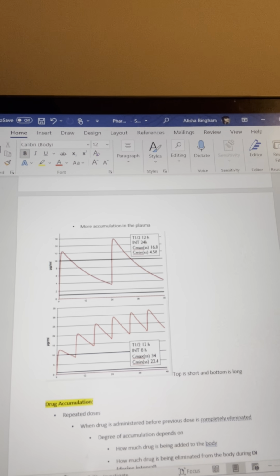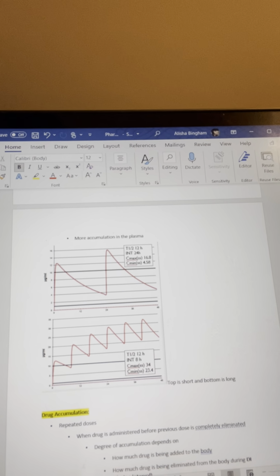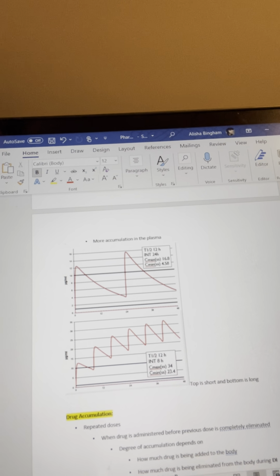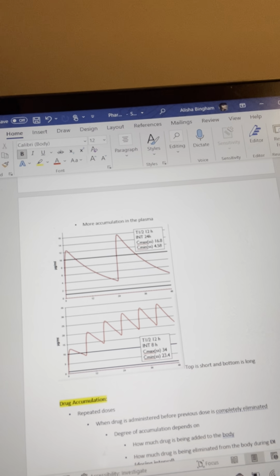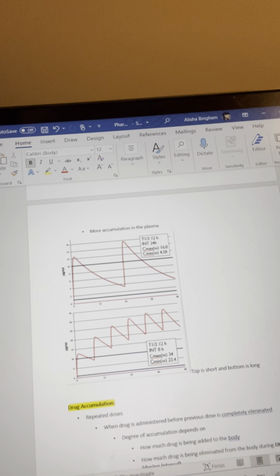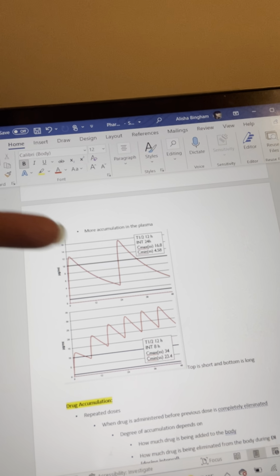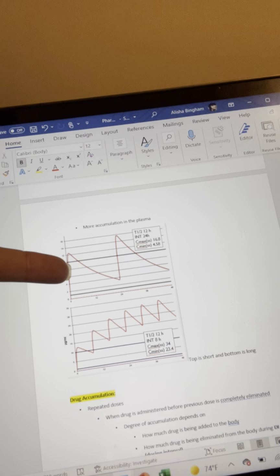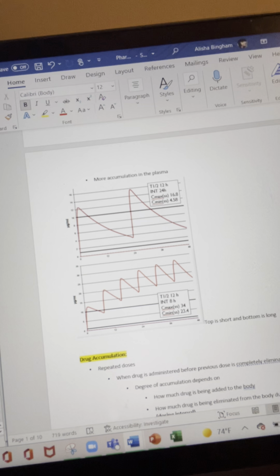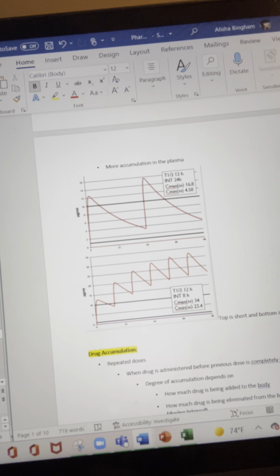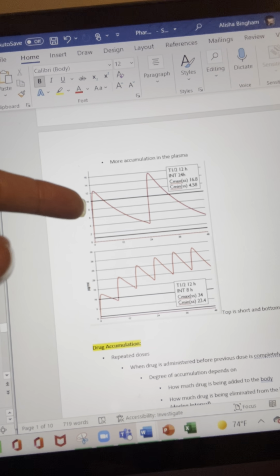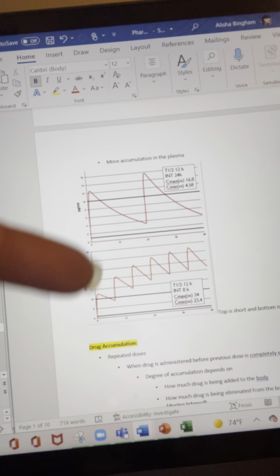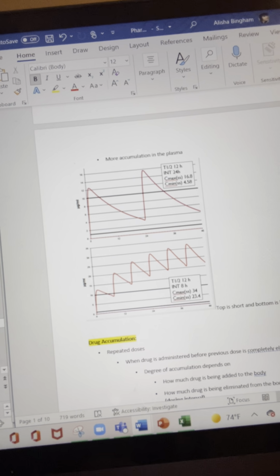So the top graph here shows short half-lives, and the bottom shows long half-lives. So anyways, the top one shows a half-life of 12 hours, a drug given every 12 hours, same as the bottom, but the intervals here, this one's a 24-hour interval, whereas this one's an 8-hour interval.